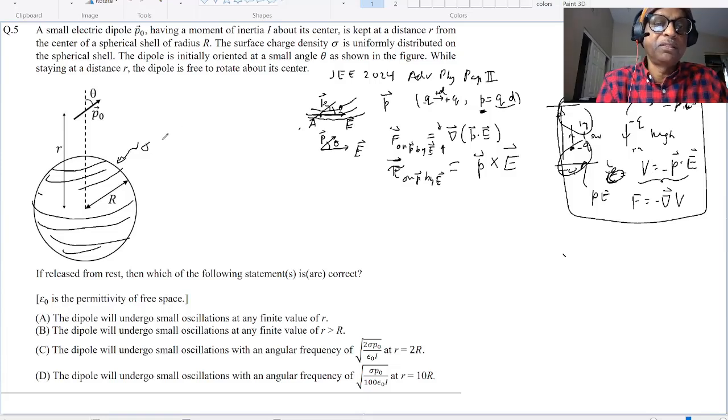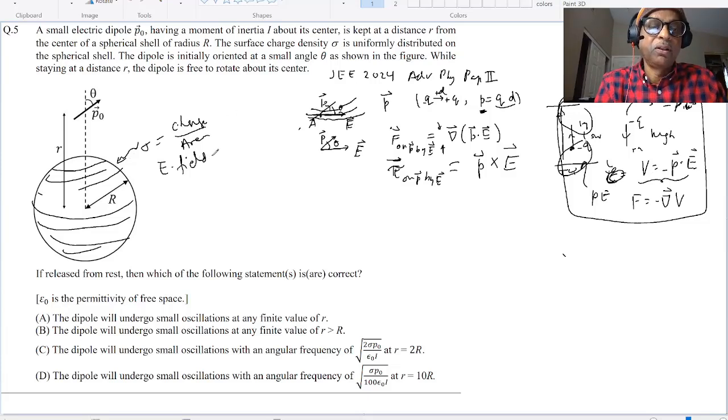This is surface charge, charge per area, and it's uniformly distributed over here. So it's going to have an electric field. What kind of electric field will it have? Well, outside. So you need to know the electric field of this. So the electric field inside is going to be 0 actually. At a point inside it is going to be 0.